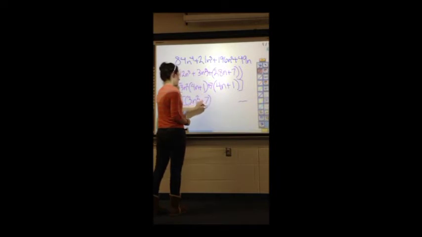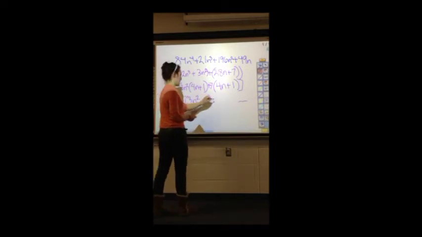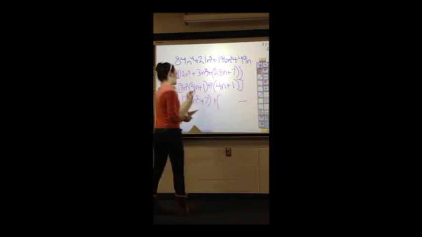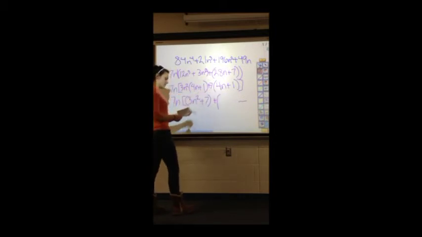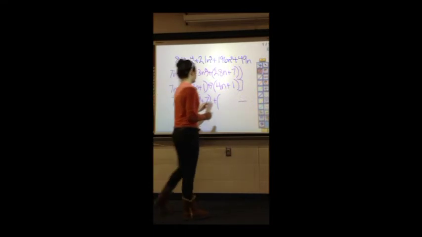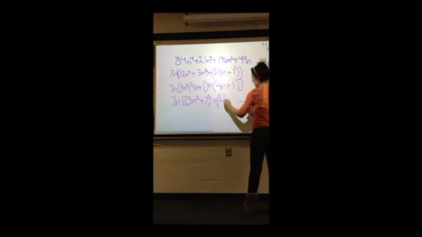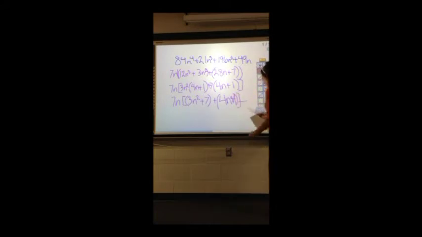And then in the next parenthesis, you're going to write a 4n plus 1, because they're both 4n plus 1, so you can just multiply both by the same numbers. And so this is your final answer for factoring it.